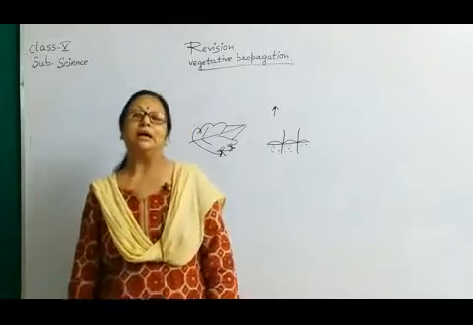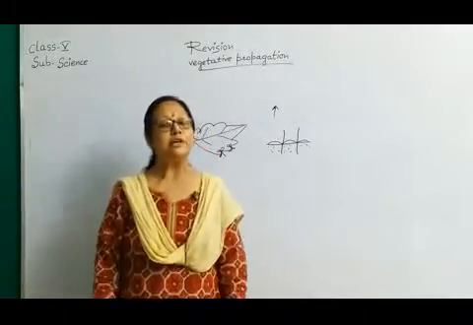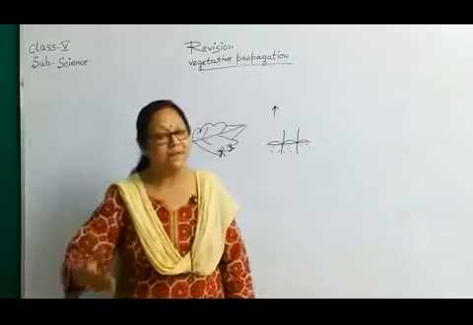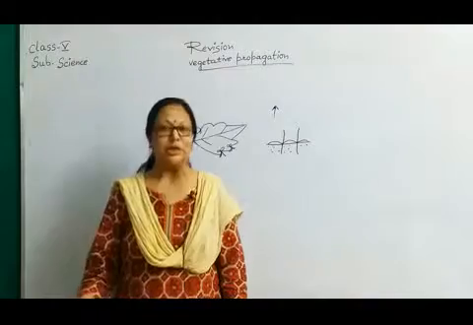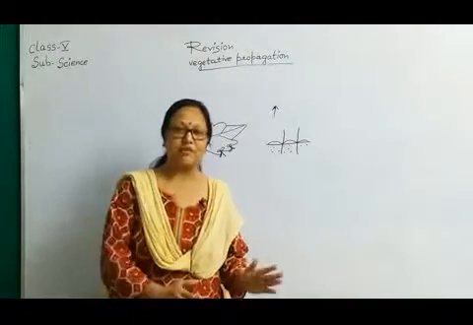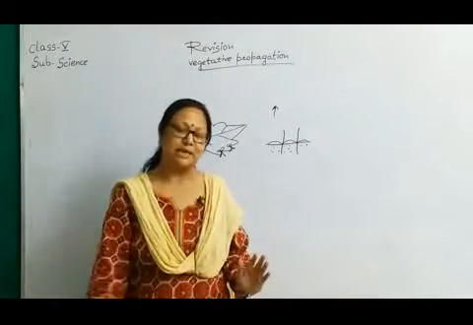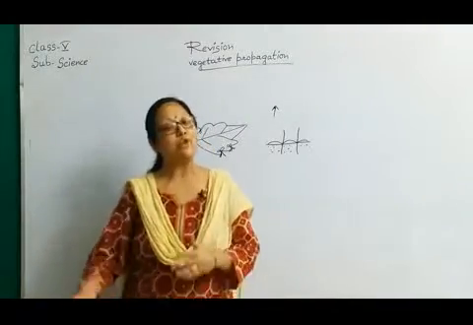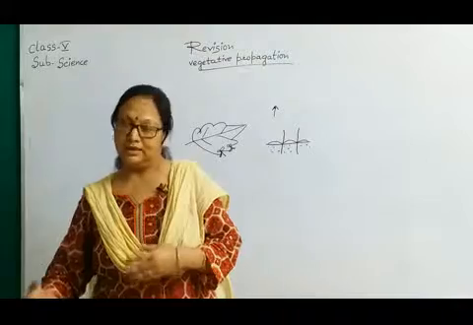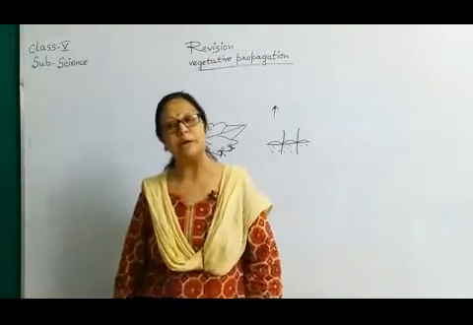So the plants which grow flowers, and from the flowers grow the seed, and from the seed the new plants come, are called angiospermic plants, and the plants which are not capable of growing flowers are called gymnospermic plants.